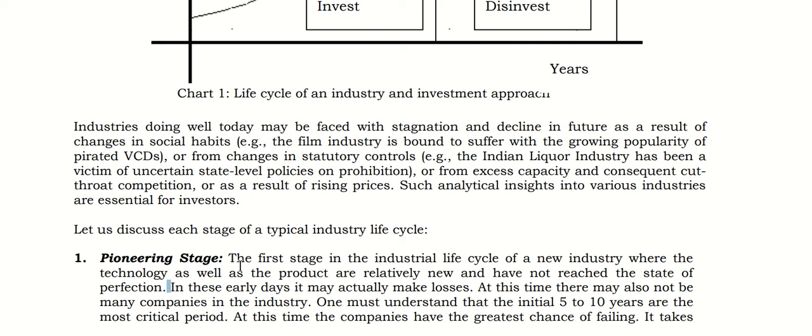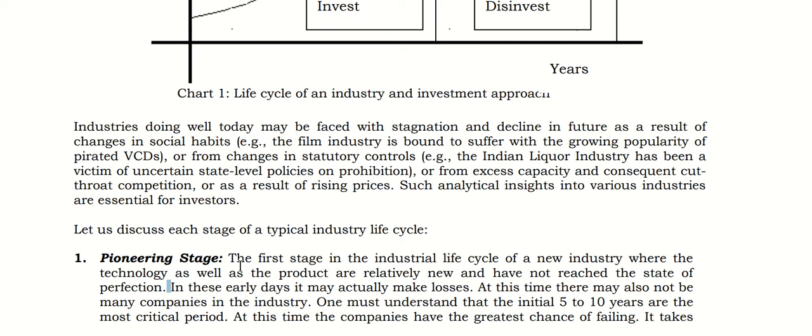Like initially in mobile phones also there were charges for incoming calls as well. Then incoming charges vanished, and there were other things like only outgoing had a charge. Earlier to this there was the pager system. So the industry was growing but still it was taking its time. So that was the pioneering stage.